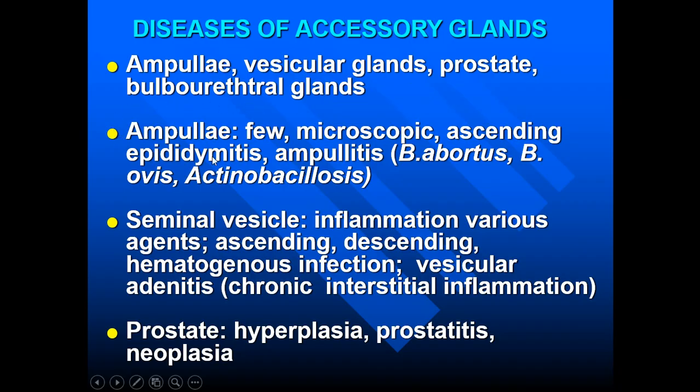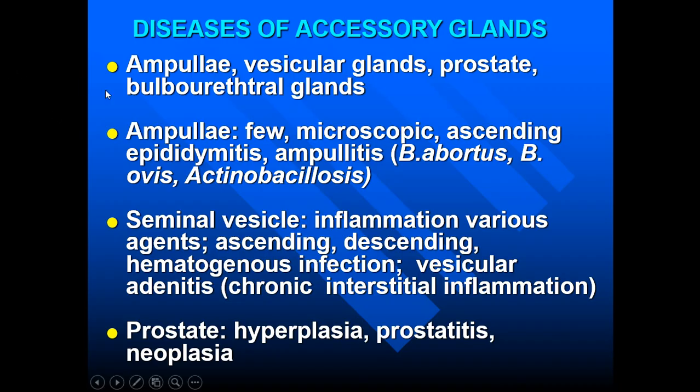For example, here the ampulla is really obvious. We can find the ampulla in some species of animals, for example, in bovine, in cattle. The diseases in accessory glands are mainly related to inflammation. There are also some tumors.